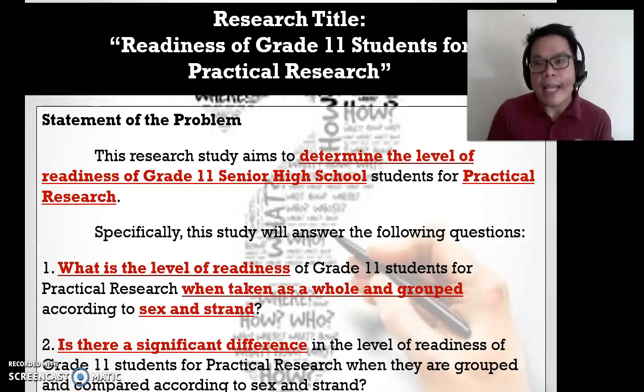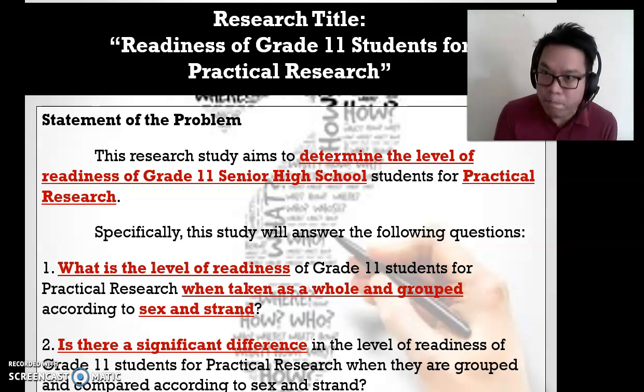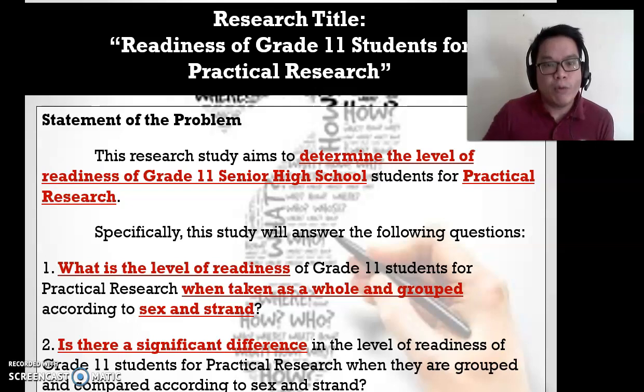Good. After that, I move into the inferential question, which looks into whether there is a significant difference or significant relationship. It's very simple. I just want to find out if there is a significant difference in the level of readiness of grade 11 students when they are grouped and compared according to sex and strand.